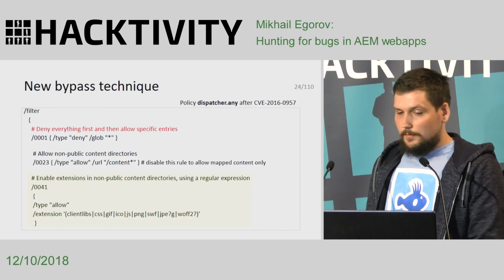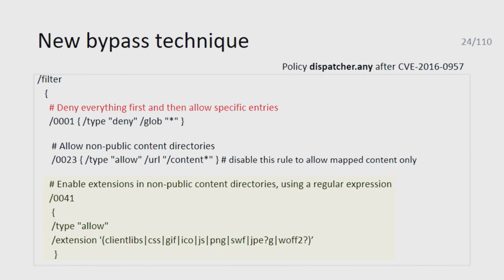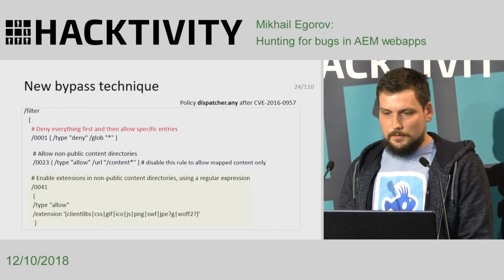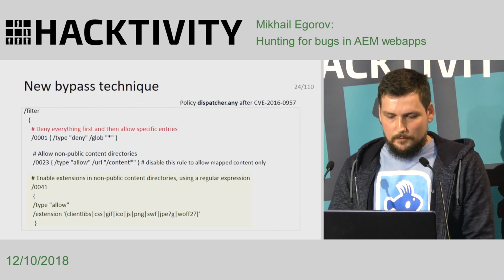Of course, Adobe fixed this issue and issued a new minimal dispatcher policy. Now rule 0041, which should allow access to CSS or JS files, is changed. Now the dispatcher looks for the real extension in the URL and not for the last symbols. That makes sense, of course.